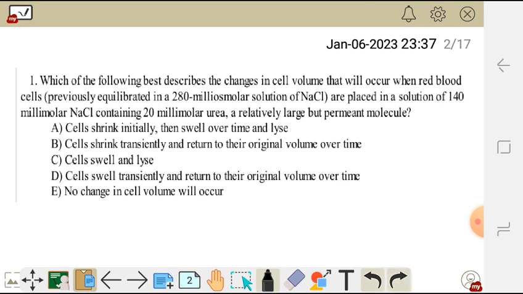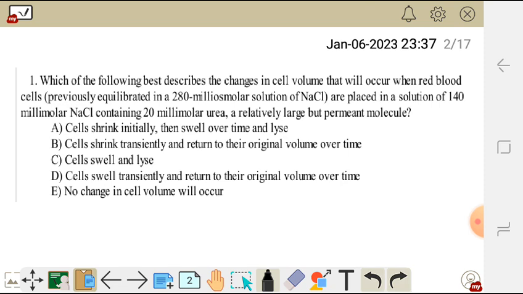So what will happen to this cell, which is a red blood cell, and which was previously in 280 milliosmolar solution of sodium chloride, when it is placed in 140 millimolar of sodium chloride?